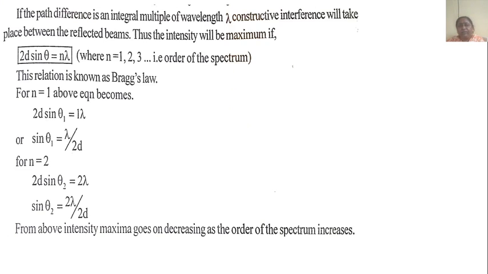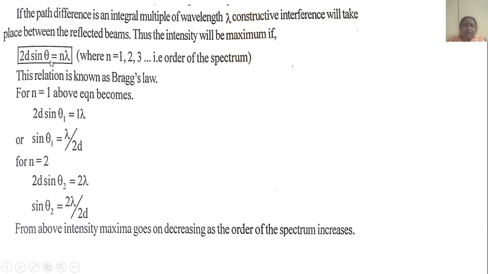and thus the intensity will be maximum. If 2d sin theta equals n lambda, where n equals 1, 2, 3 up to the order of spectrum, this relation is known as Bragg's law.